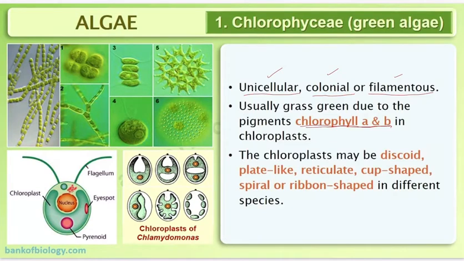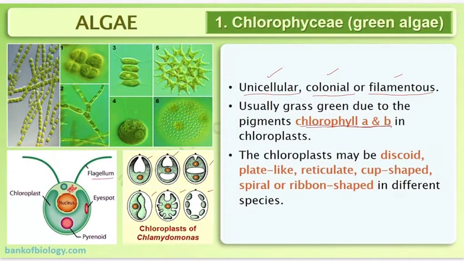The chloroplast may be disc shaped, discoid. You can see here the chloroplast in the form of a disc, plate-like, reticulate, cup-shaped, and spiral, spring, and ribbon-shaped. These are the various shapes of chloroplast.